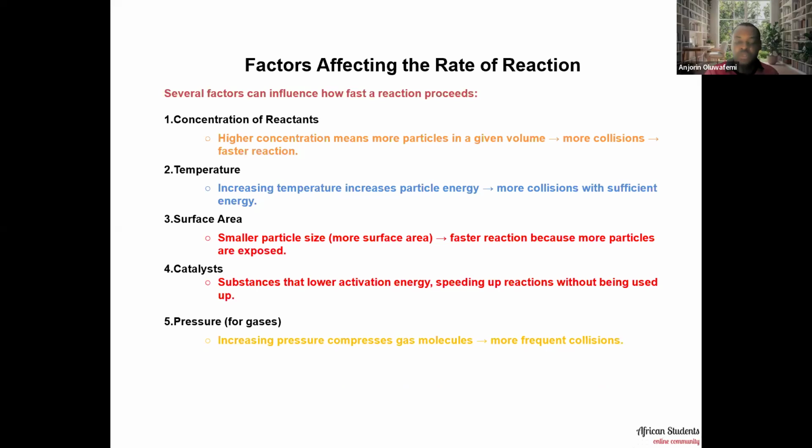So pressure is another one that affects or impacts upon the rate of reaction. So let's take note of that. So each of these factors affects the frequency and energy of particle collisions, and that is what they do basically. Okay. Righty, so that's that for that.